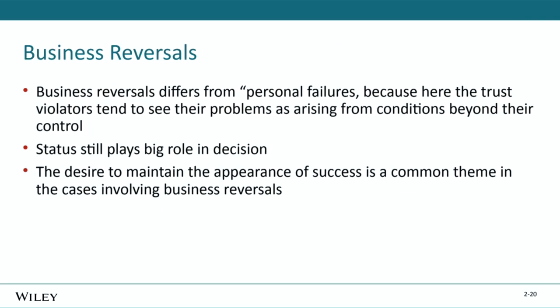Business reversals. That differs from personal failures because the trust violator tends to see their problem as arising from conditions beyond their control. You have a business, and because of tariffs or a war going on in the country where you import all your stuff from, or what have you, it's beyond your control.